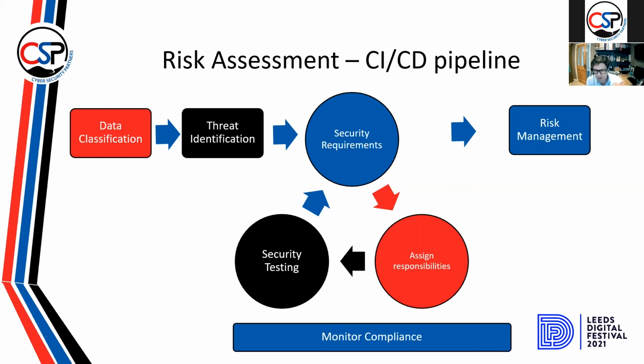So I've got 3 items there that I really want to focus on. From a security requirements perspective, there will be certain security requirements that your organization always wants to have. A perfect example would be access control. Any individual should only have access to the information that they need.